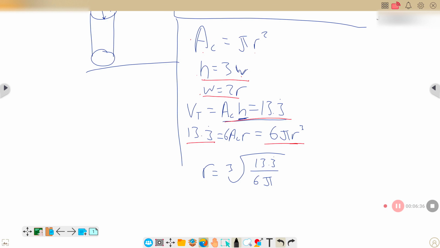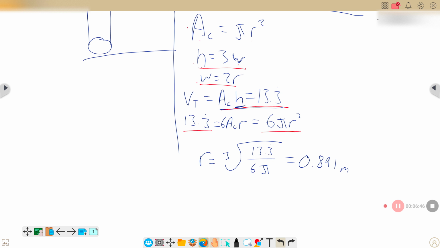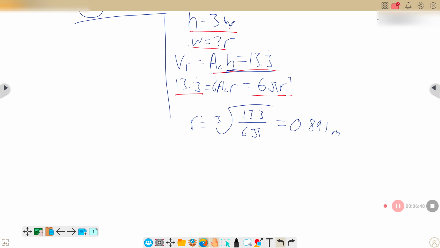And when I bung this into my calculator, that gives me something in the region of 0.891 meters as my radius. Okay. Am I done? No, obviously not. So I've got my radius, but I don't have my width or my height.